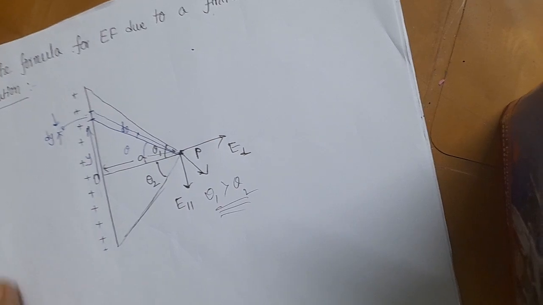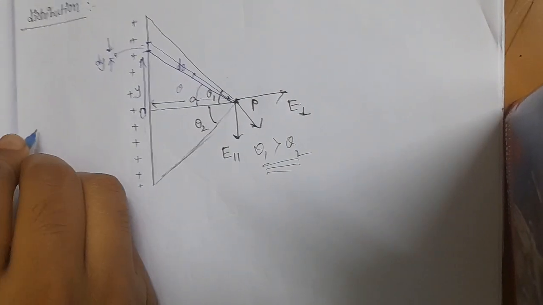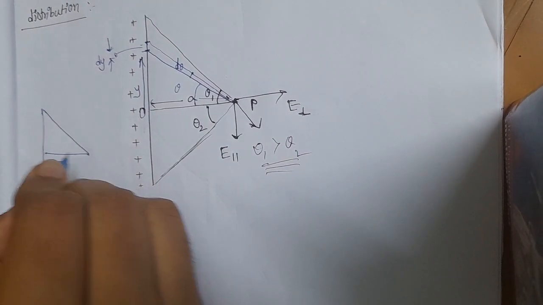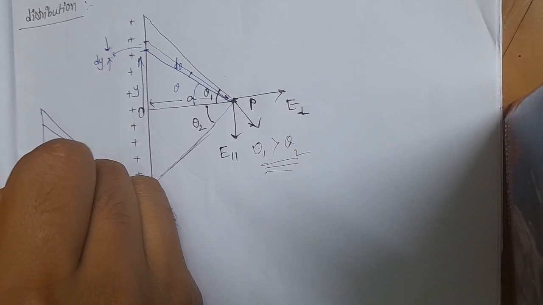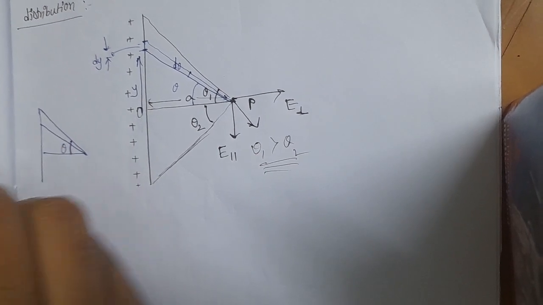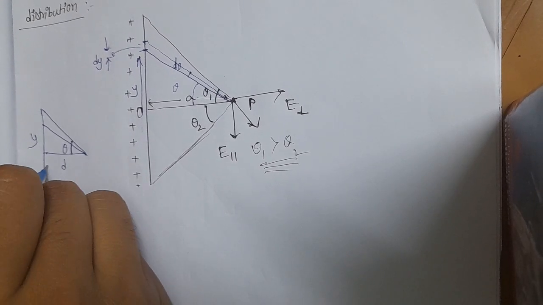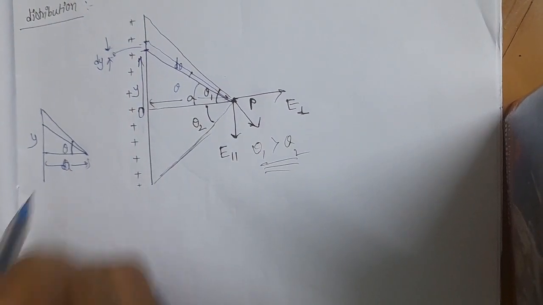Okay, it requires some extra space. Let's do it here. So I wanted to say that suppose there is a point, theta over here, and here is the length y, and here is the length a, as in the given question.